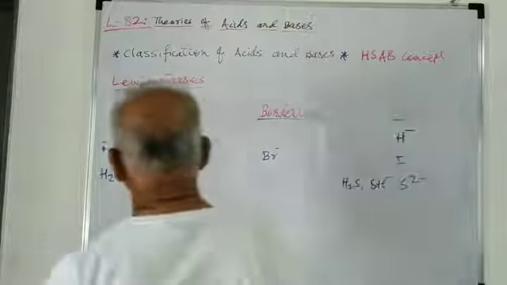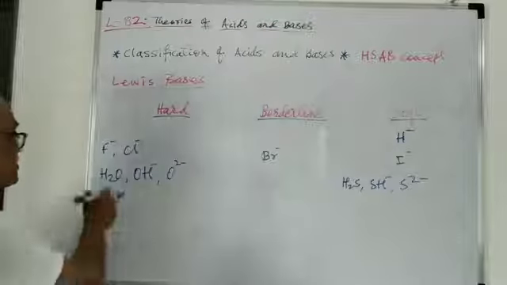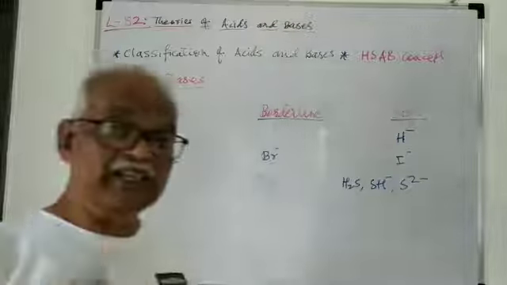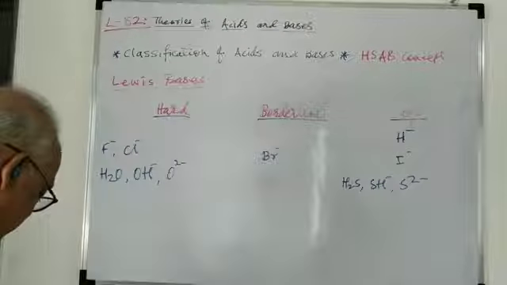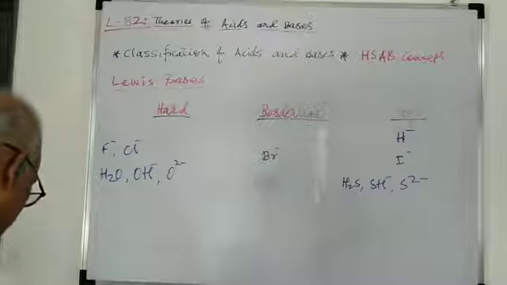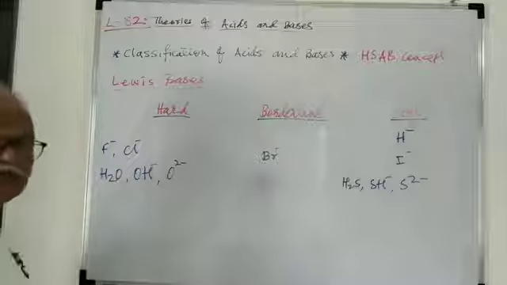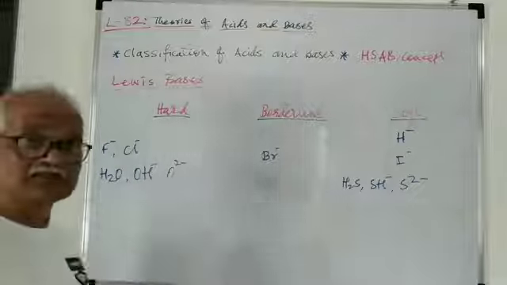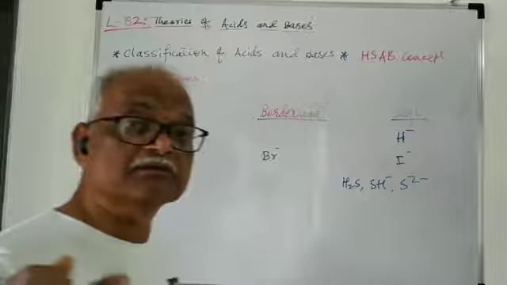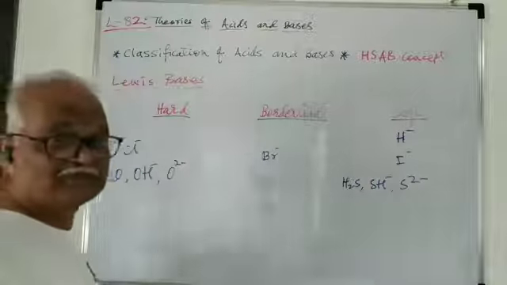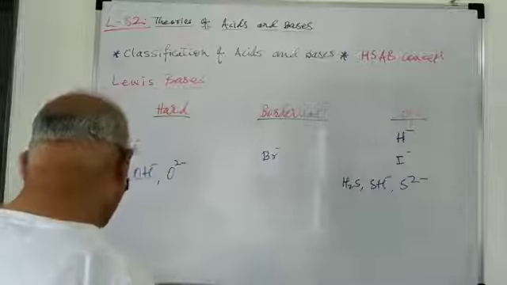Then we are considering other species of oxygen in which the substituents are generally R groups, that is alkyl or aryl groups.